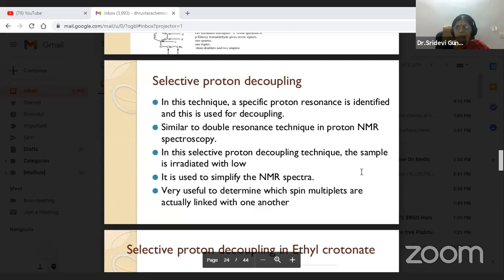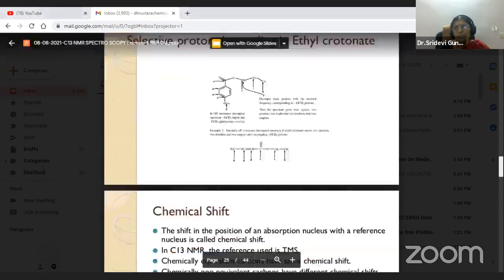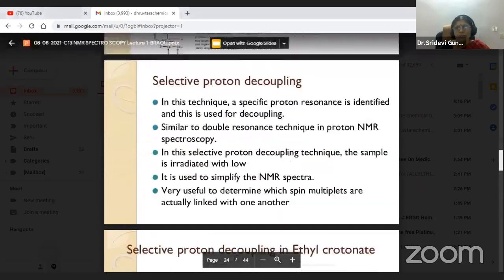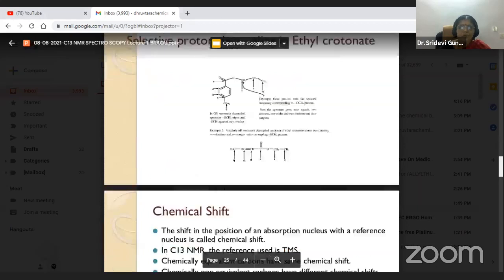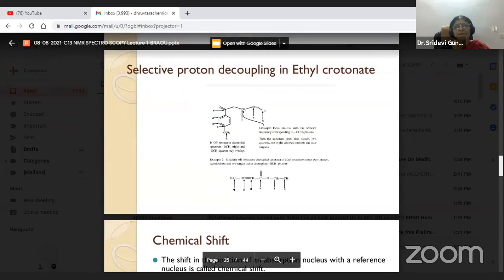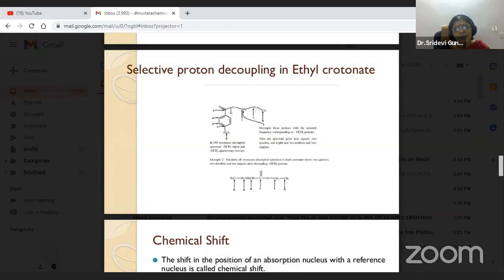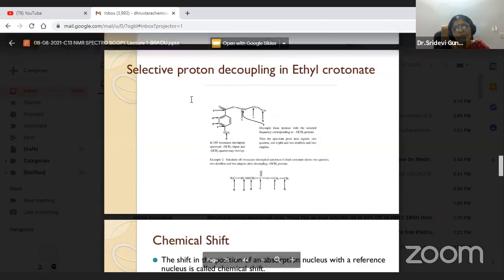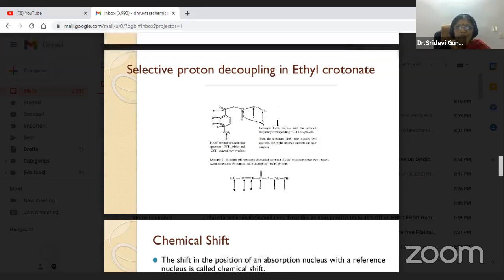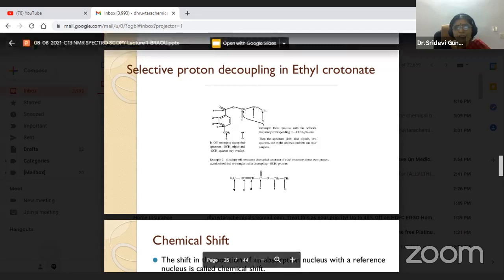Let me take an example: ethyl benzoate, and another one, propyl 4-methoxybenzoate. In propyl 4-methoxybenzoate, how many signals can you observe?